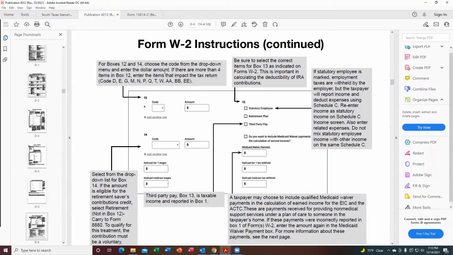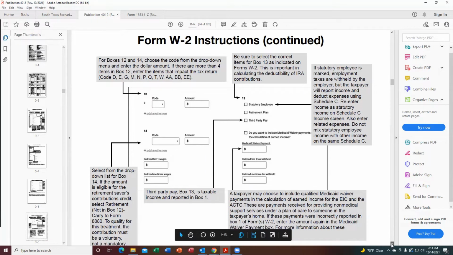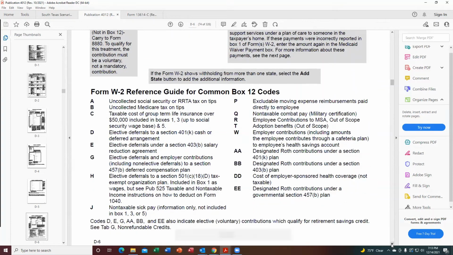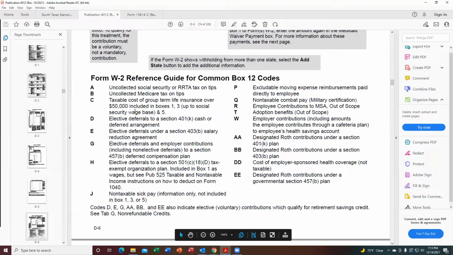And it tells you here in regards to the codes, even though the information is provided to us, it's important to understand what the codes are, and the codes are right in here. So for this one, we entered a code E, and there's your code E. What it means is an elective deferral for a 403(b).